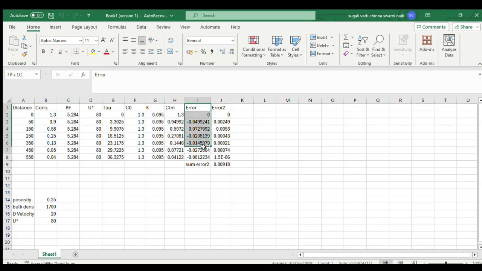From that I calculated the sum of square errors.